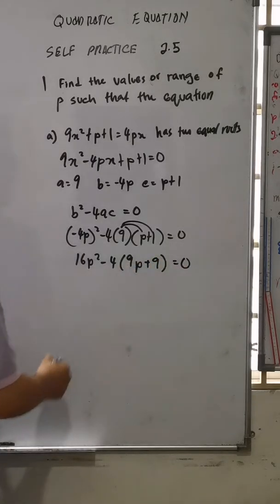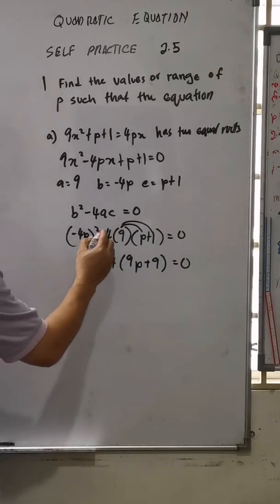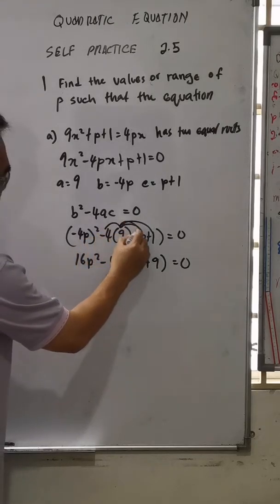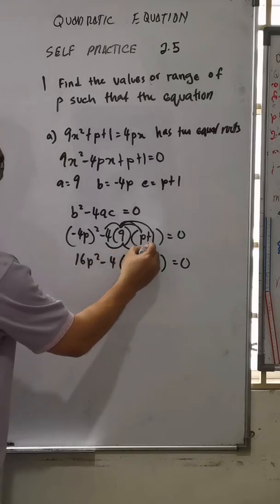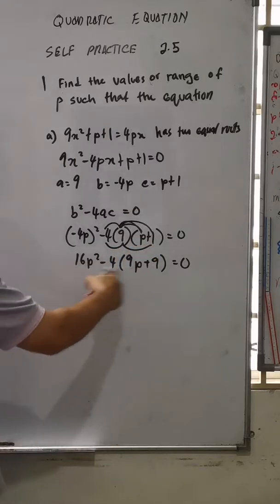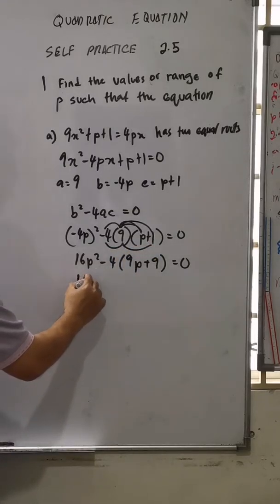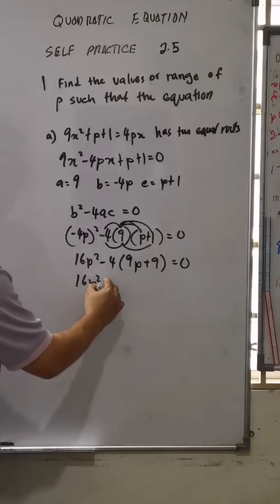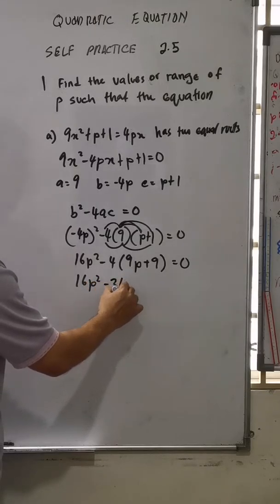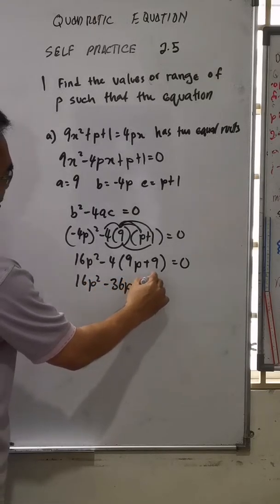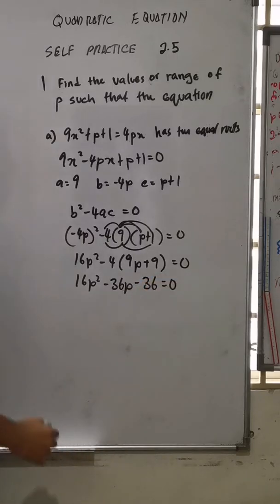Why like that? Because otherwise I can just multiply negative 4 times 9 times p, negative 4 times 9 times 1. But this is another way. So 16p squared minus 36p minus 36 equals 0.